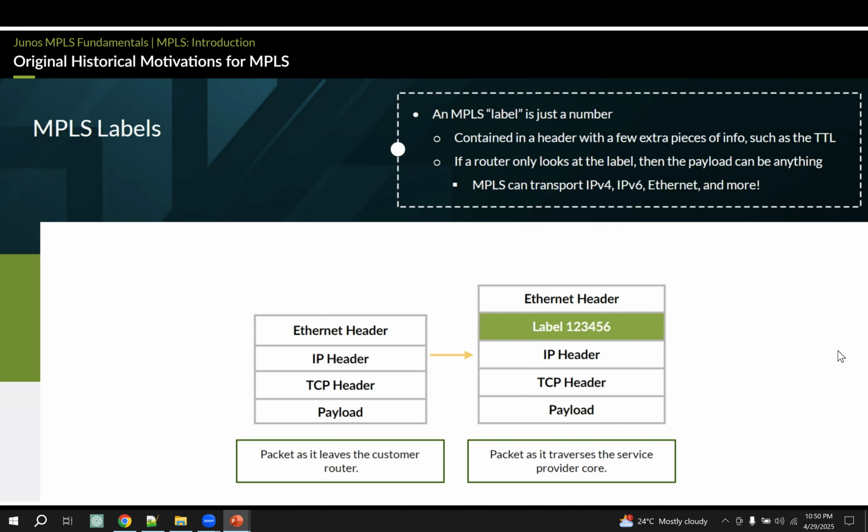That means MPLS sits between layer 2 and layer 3. You can say MPLS is layer 2.5. The label is inserted between the Ethernet header and the IP header. So this is the structure of the MPLS header.